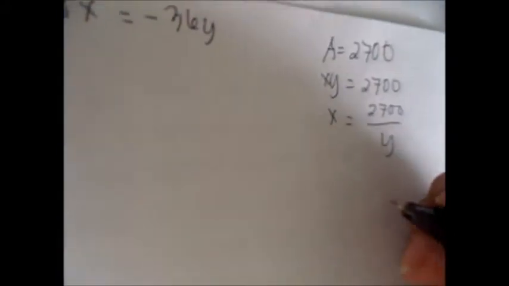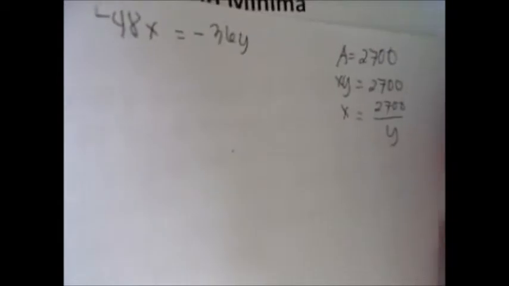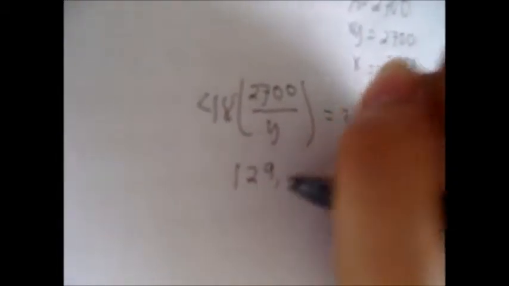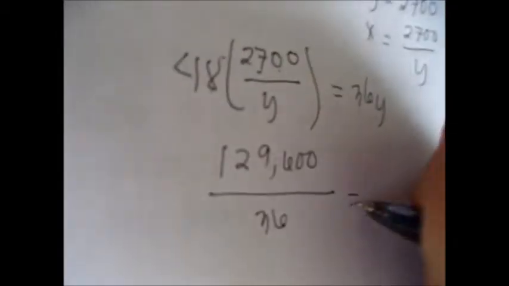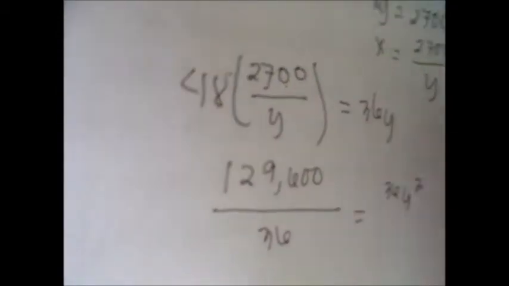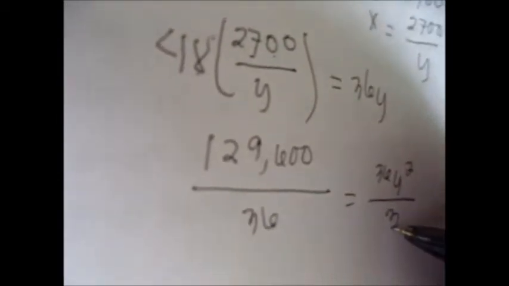And now substitute the value of x. 48 times 2700 over y is equal to 36y. 48 times 2700 is 129,600, over 36 is equal to y squared.